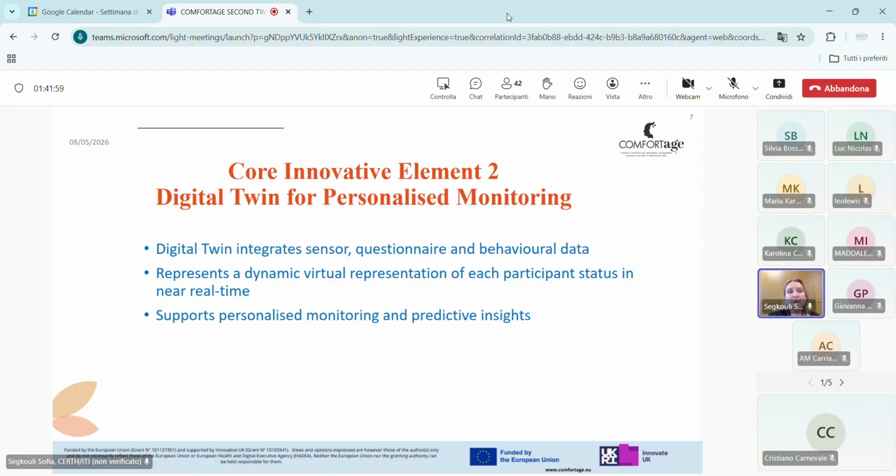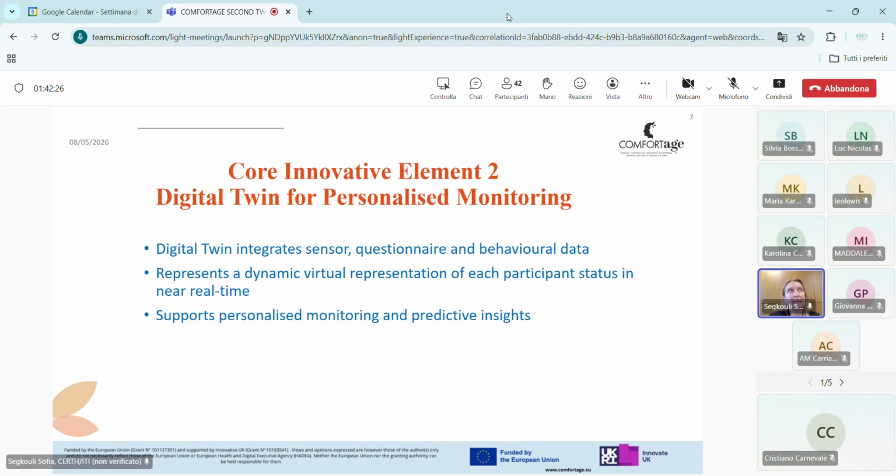The digital twin serves as a powerful tool, as already mentioned, for personalized monitoring by integrating multiple meaningful sources of information from sensors, screening tests, questionnaires, and behavioral data gathering, and also behavioral patterns.